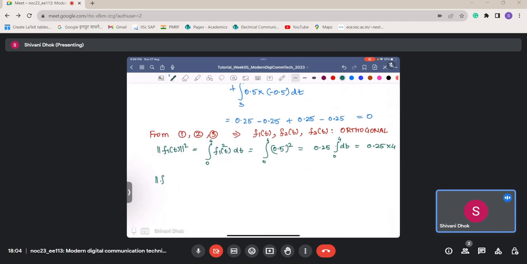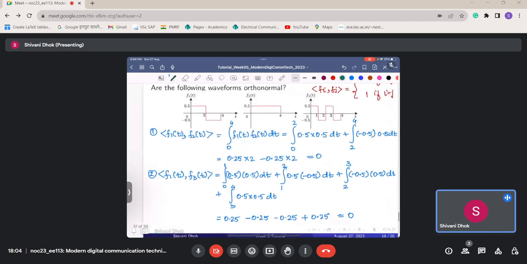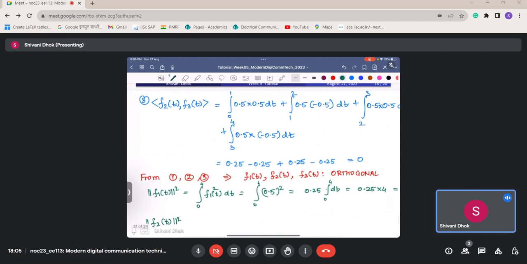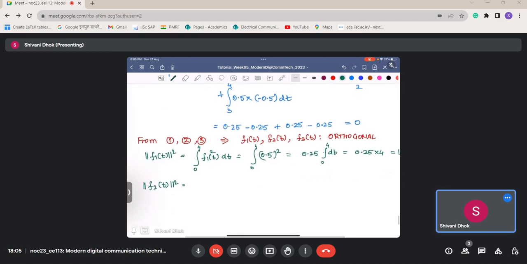Similarly, if we consider f2(t) squared, this is also 0.5 for the entire range, so again this will be the integral 0 to 4 of 0.5 squared dt, which is simply 1.